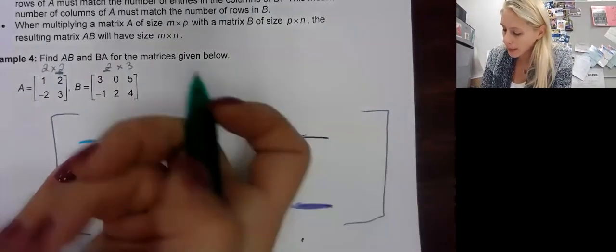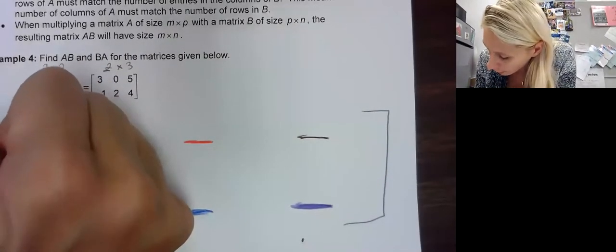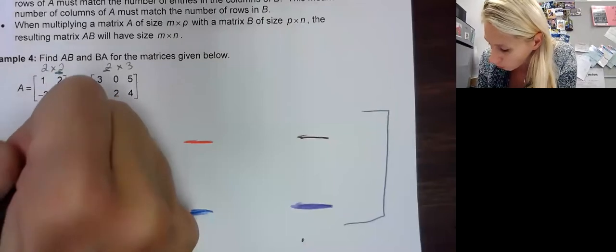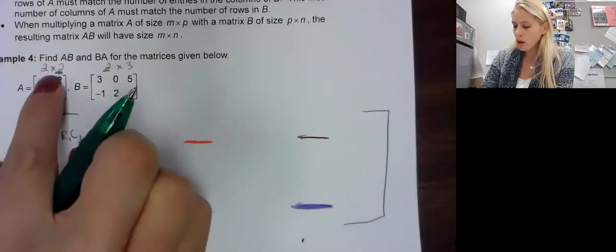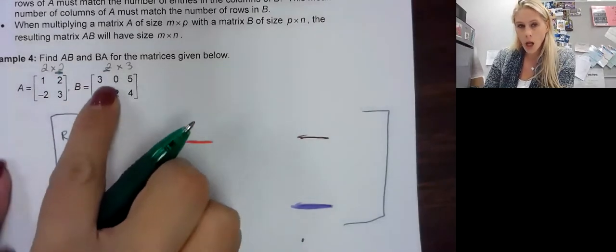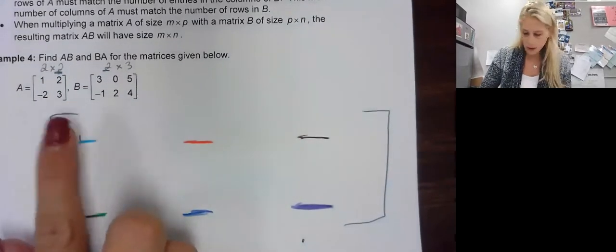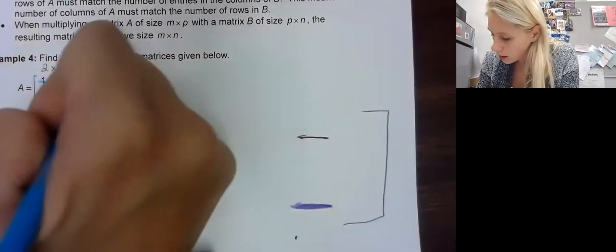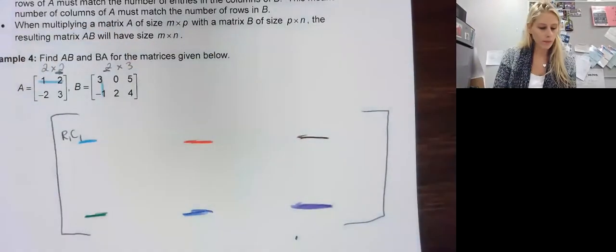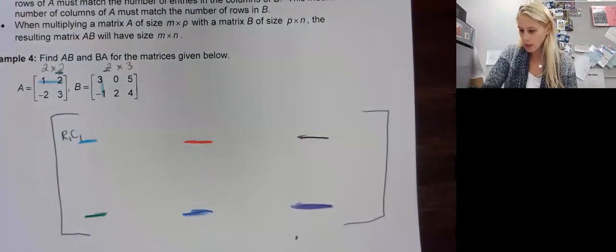So this element, as you can see, is in row 1, column 1, right? So what that tells me is I'm going to take row 1 of A, column 1 of B. Now I'm going to use my colors so I remember. So I'm going to do row 1, column 1.